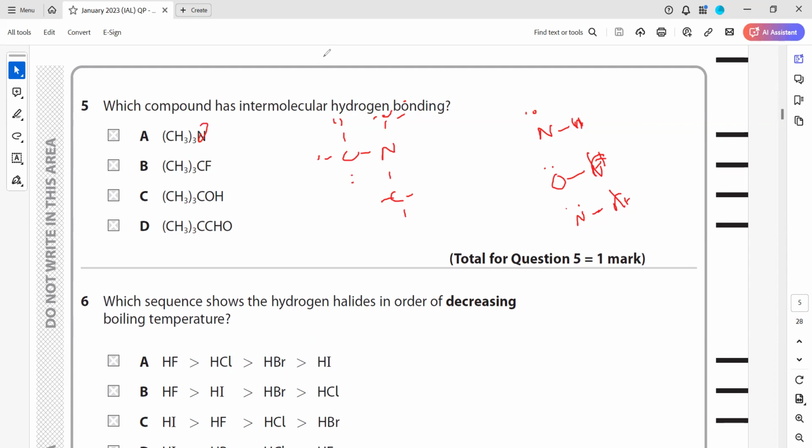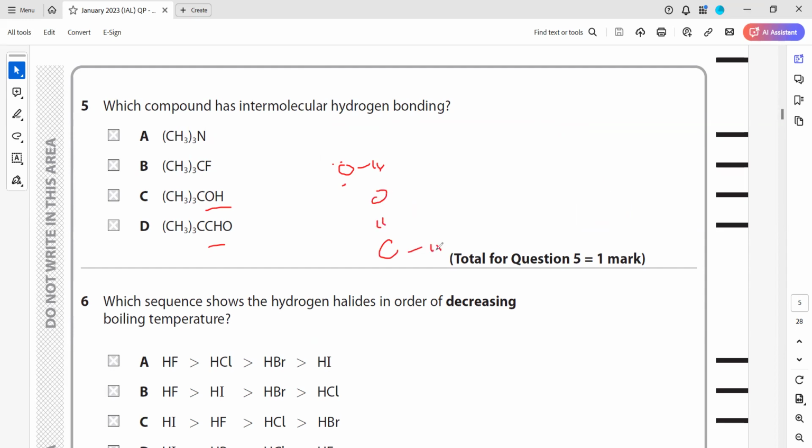Here also, carbon is attached to fluorine, and then the carbon has CH3, CH3, CH3. In this one, O and H are directly attached to each other, so they will have hydrogen bonding. And in an aldehyde, CHO means C double bonded with O and H, so hydrogen is not directly attached. Whenever hydrogen is directly attached to fluorine, nitrogen, or oxygen, the molecule will have hydrogen bonding.